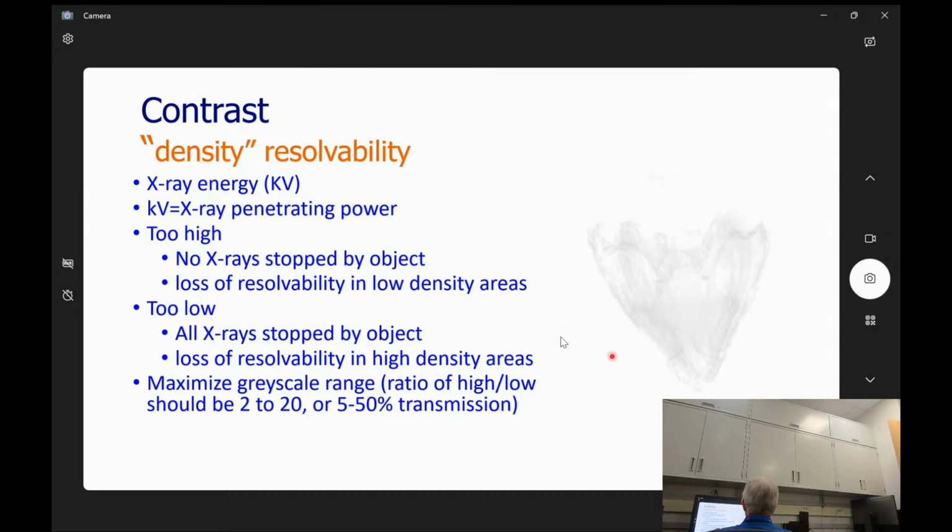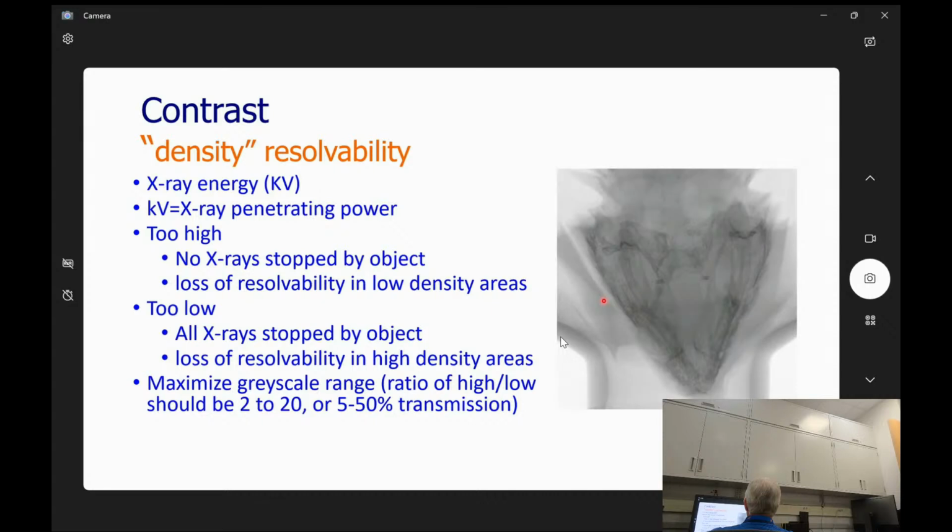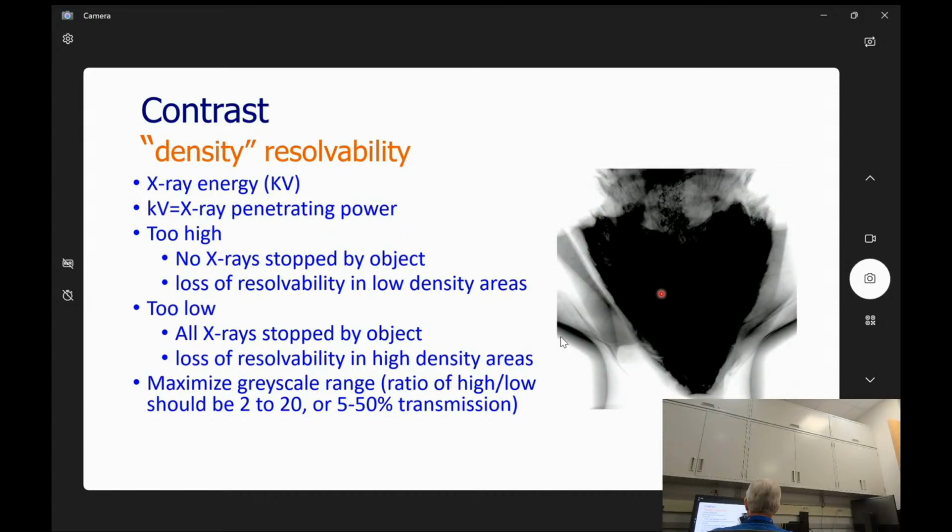I get very little contrast in low density areas, and not even that much contrast in high density areas. If I have too low a penetrating power or too low of a kV, all the X-rays are stopped by the object. I lose resolvability in the high density areas.